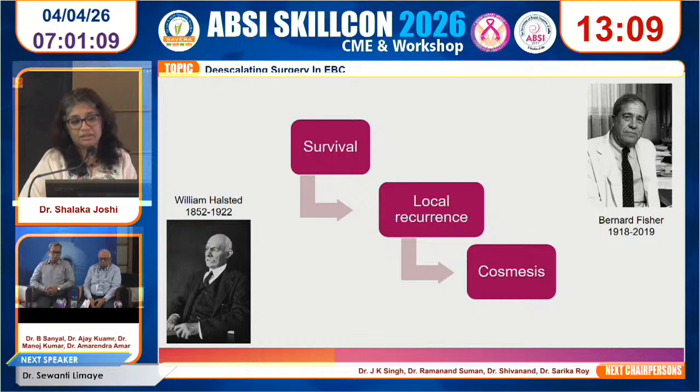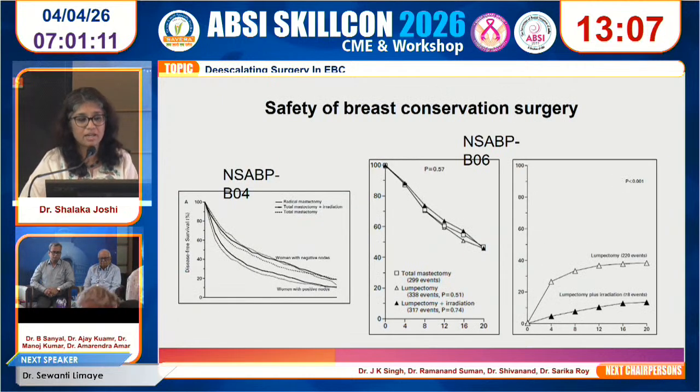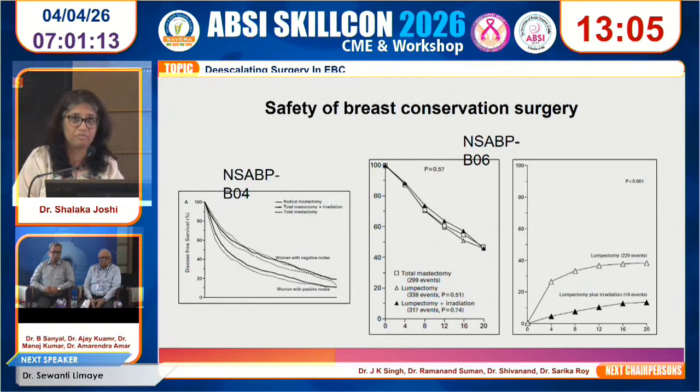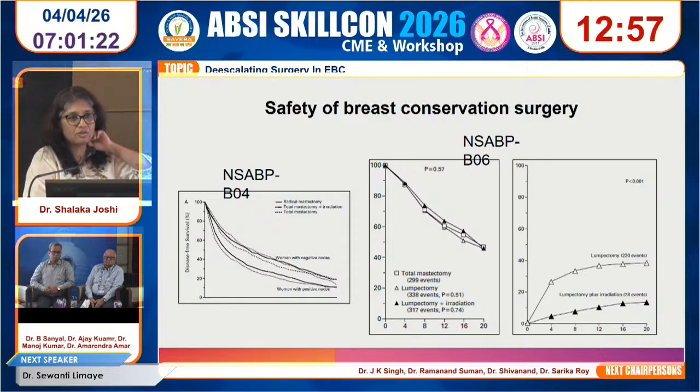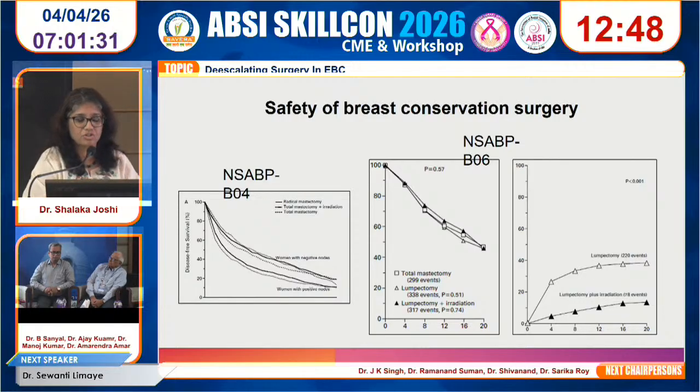And that seems to be here to stay, and it seems to be safe through a lot of retrospective and prospective studies. So B04 was the first study looking at radical mastectomy. That is the first de-escalation that happened long back, 1970 to 1974. I wasn't born. And this study looked at conserving the structures of the chest wall.